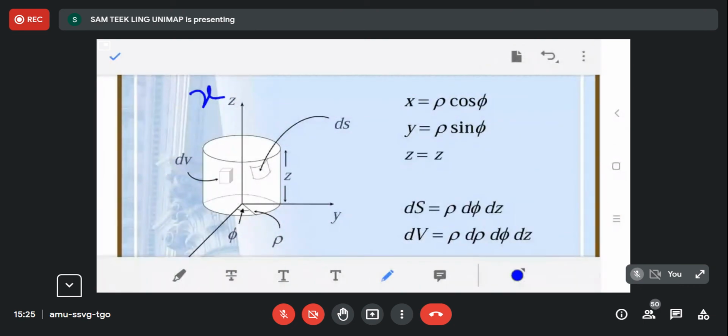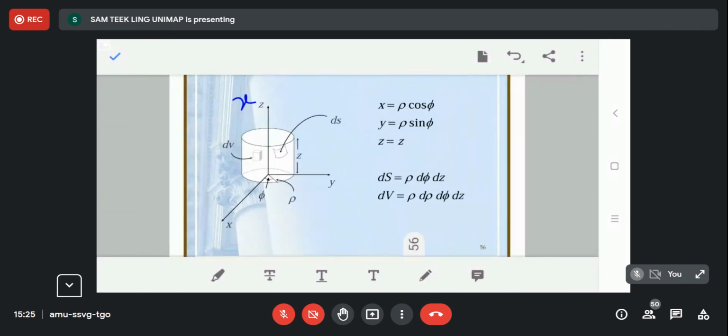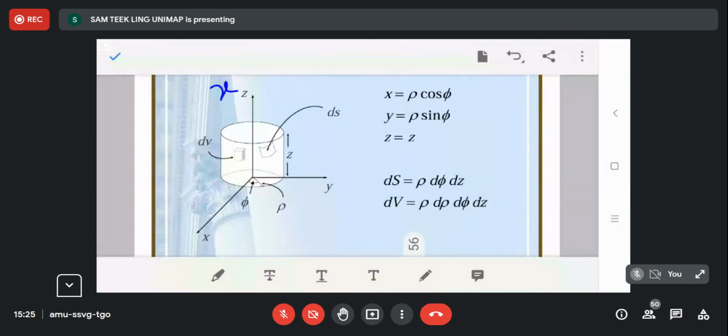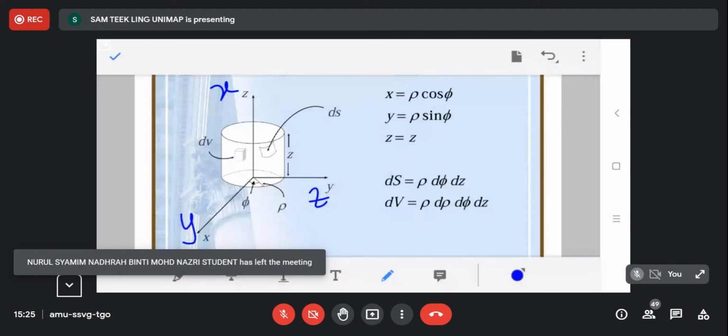So this one is X, this one Y, this one Z. You rotate already. For your question 3 polar coordinate, you rotate already.